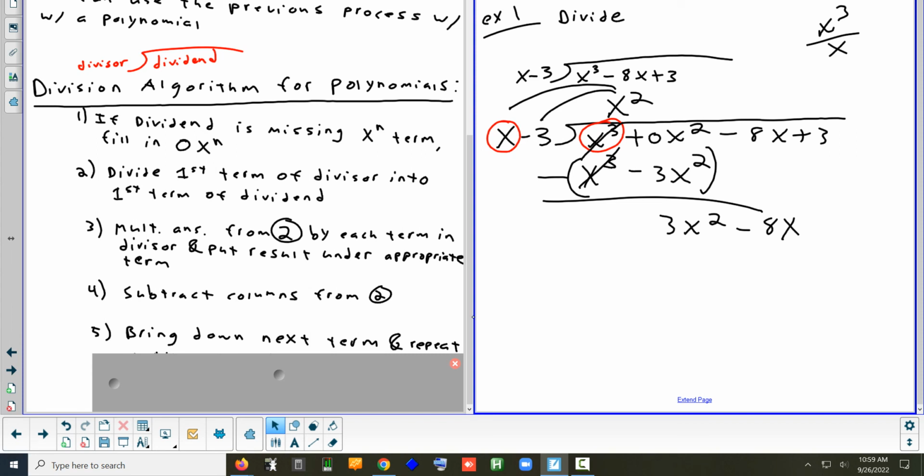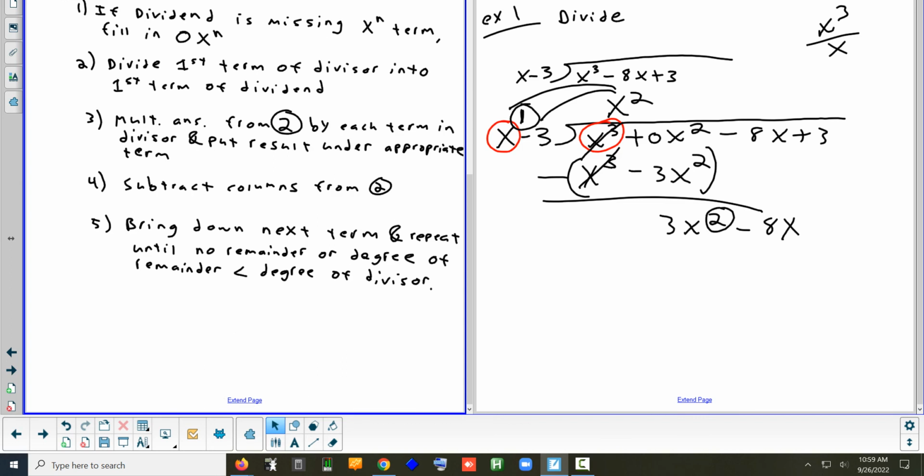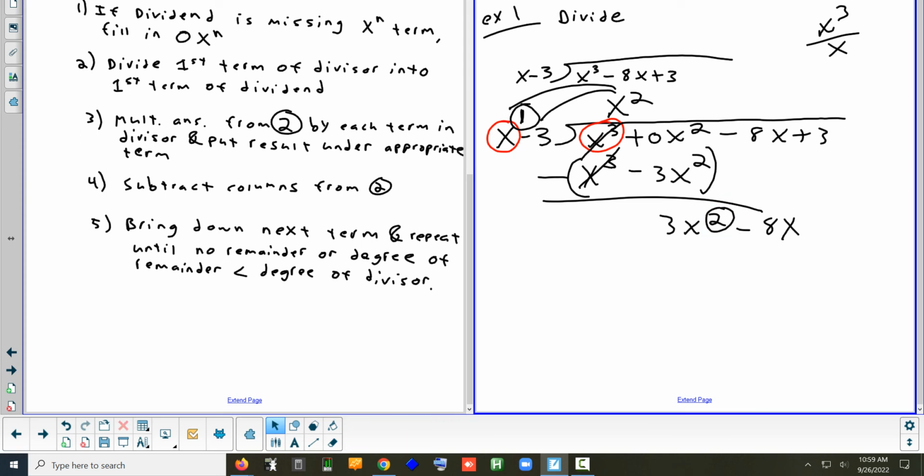But the goal is to keep going until this exponent is less than that exponent. So keep going until you either get a remainder of 0, then you're definitely done. Or if you don't get a remainder of 0, until the degree of this number is less than the degree of that number.